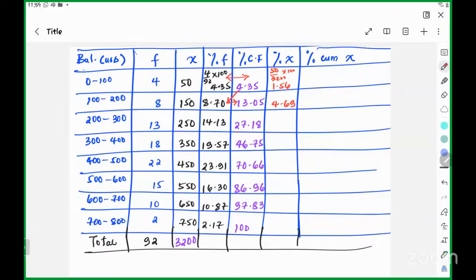Keep going. 7.81. 10.94. 14.06. 17.19. 20.31. 23.44.